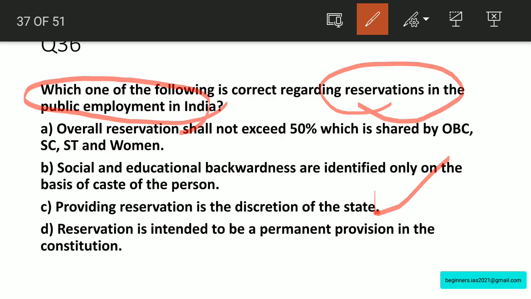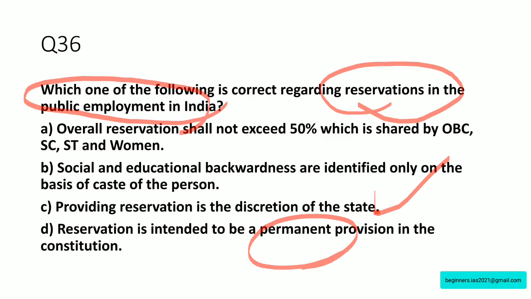And are socially and economically educationally backward classes identified only on the basis of the caste of the person? No, we have just discussed that. And what about D, the reservation is intended to be a permanent provision in the constitution? No, it is not a permanent one. So the answer for the question is C, providing reservation is the discretion of the state.